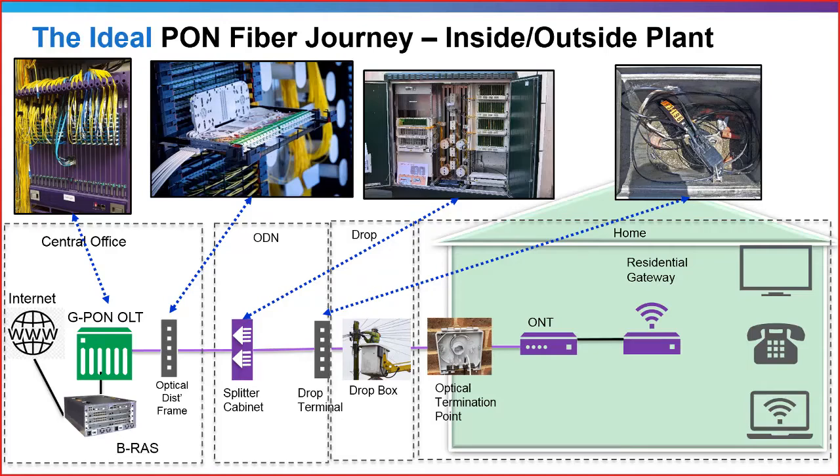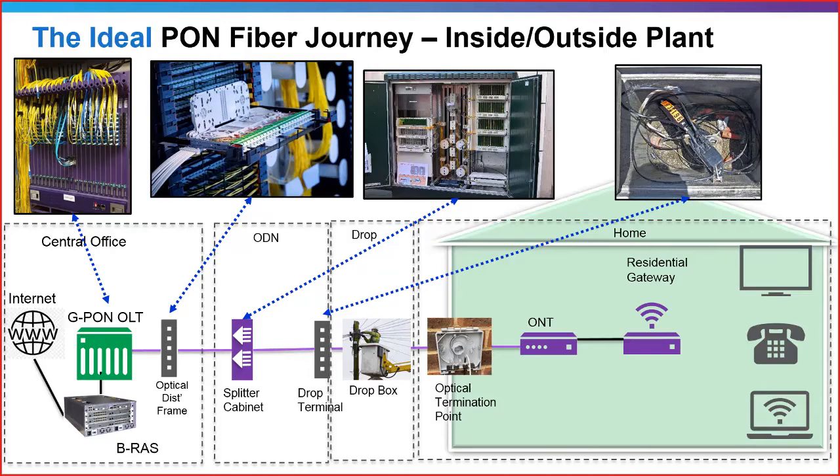You have the drop section, could be aerial or buried to customer home, and you might have a slack NID or a termination point on the side of the home, or it might just be a slack loop inside to the ONT and the rest of the in-home setup with wired or wireless devices. And when all looks good, you can see some of the pictures there. Everything's nice and neat, tightly routed together and clean.